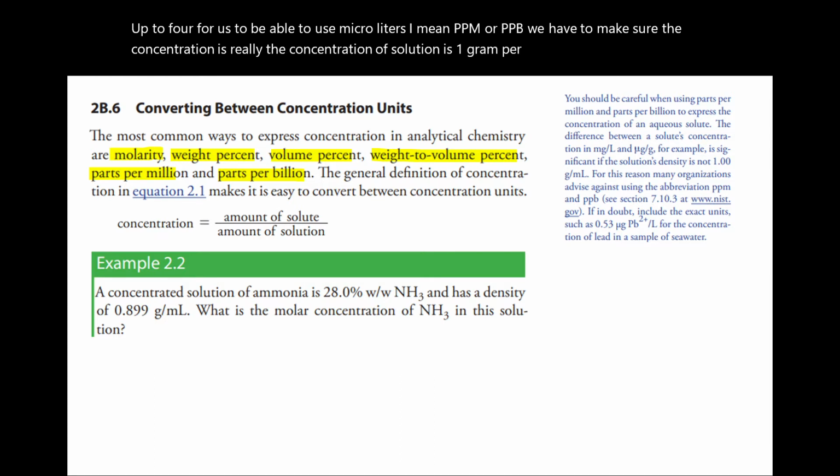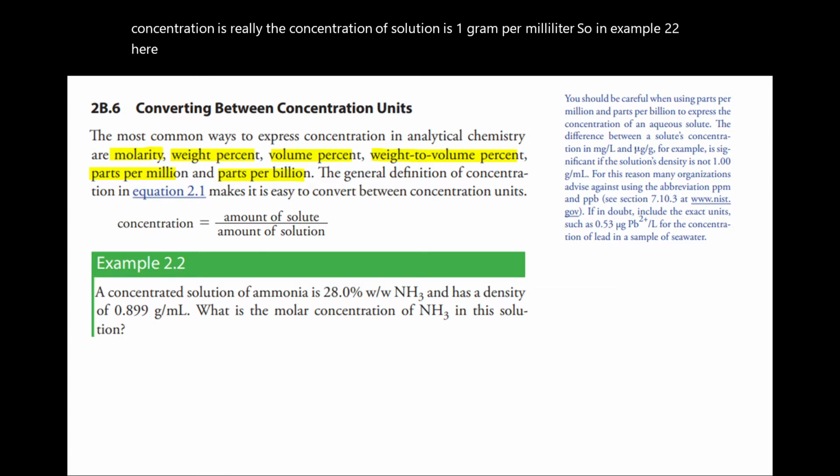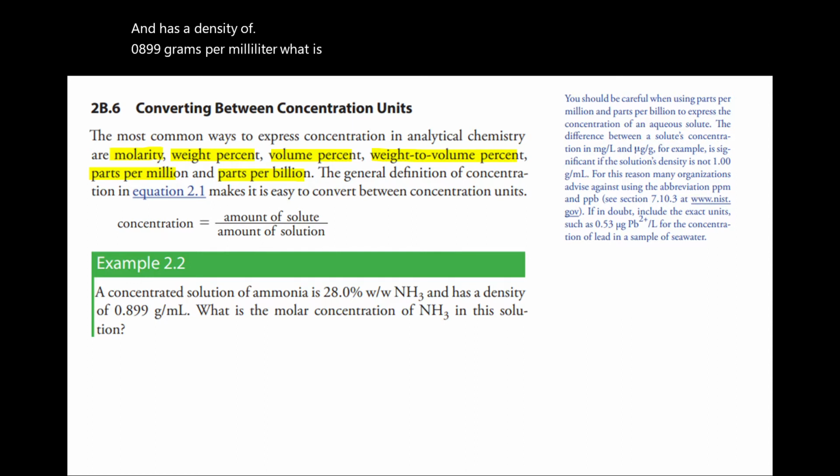So in example 2.2 here, a concentrated solution of ammonia is 28% weight per weight ammonia, and has a density of 0.899 grams per milliliter.